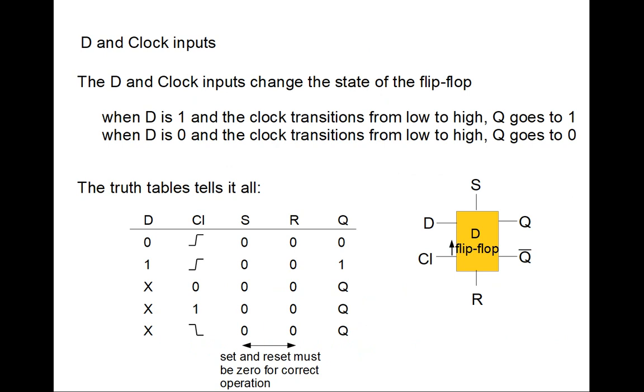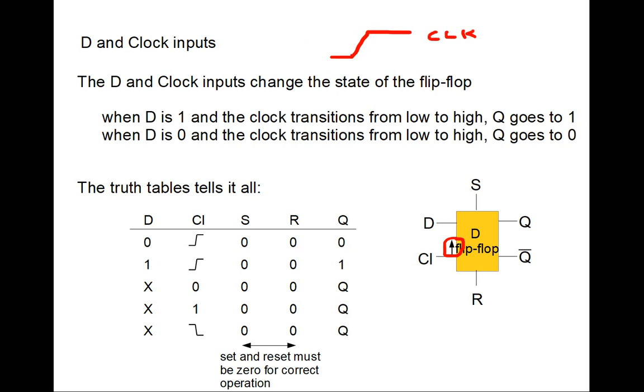Now let's go to the last 2 inputs, and that's the clock and the D input. The D input is the data input. In this case, the D input is ignored until the clock is rising, as indicated by this little up arrow here. So when the clock rises, we then look at the D input and transfer it to the state of the flip-flop.